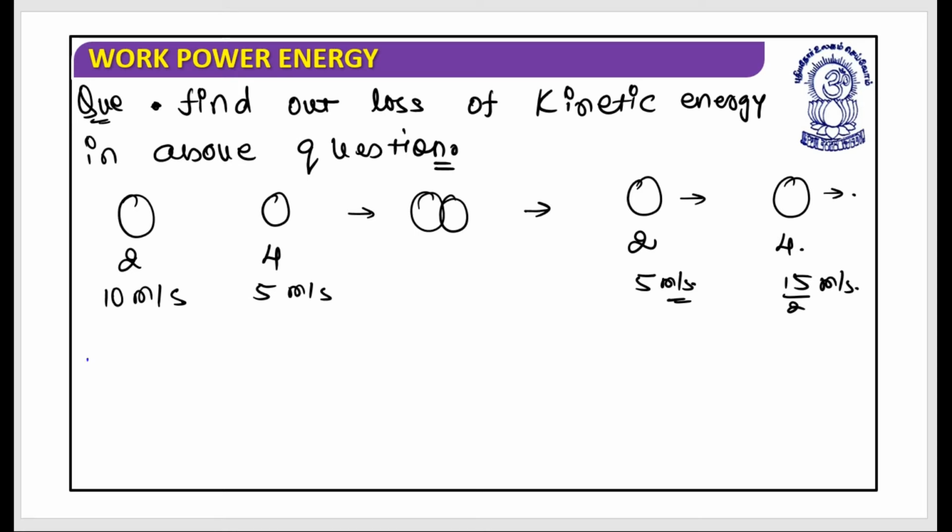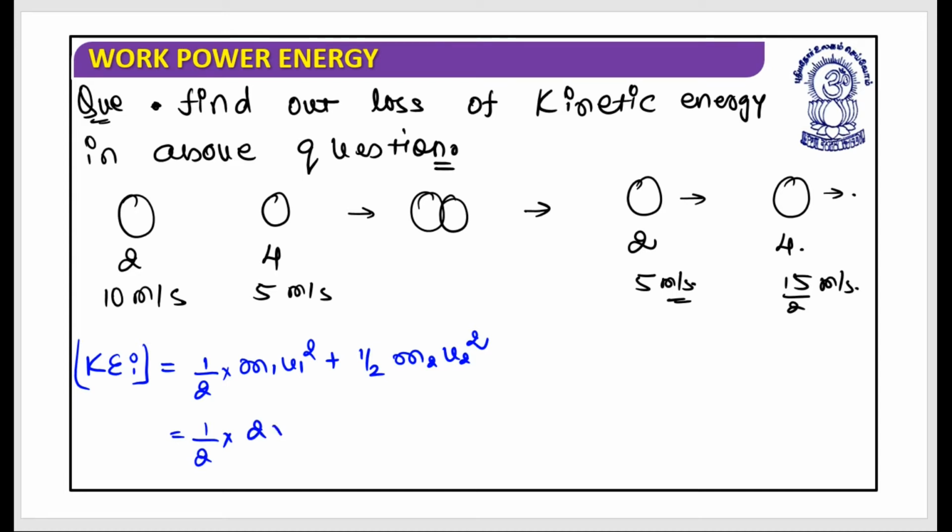So for the loss, you need to write down the initial kinetic energy. When I say initial, I am talking about the system. So it's 1 by 2 into m1 u1 square plus 1 by 2 into m2 u2 square. This equals 1 by 2 into 2 into u1 square, which is 100, plus 1 by 2 into 4 into u2 square, which is 25.